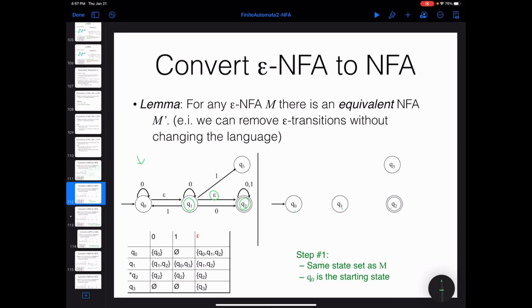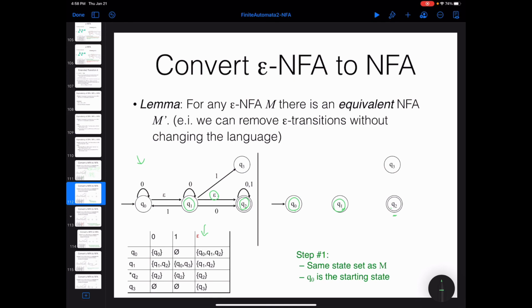So in my equivalent NFA, not only will I mark Q2 as an accepting state, but also Q1. And not only Q1, I have to mark Q0 as well. Basically, you should check the epsilon closure that you have calculated, and for all of the states whose epsilon closure contains Q2, which is an accepting state, those states are going to be marked as accepting states as well.